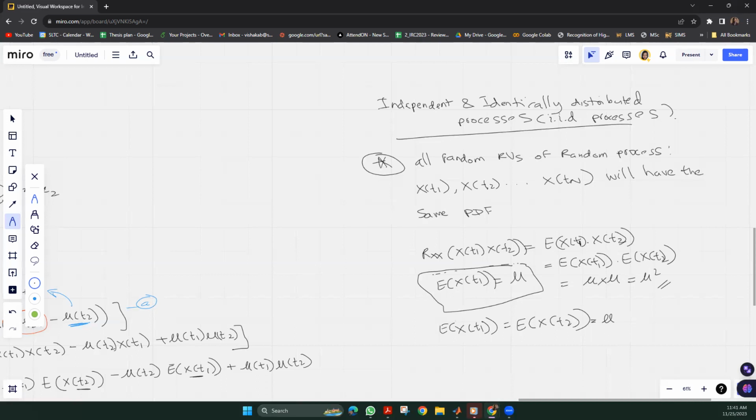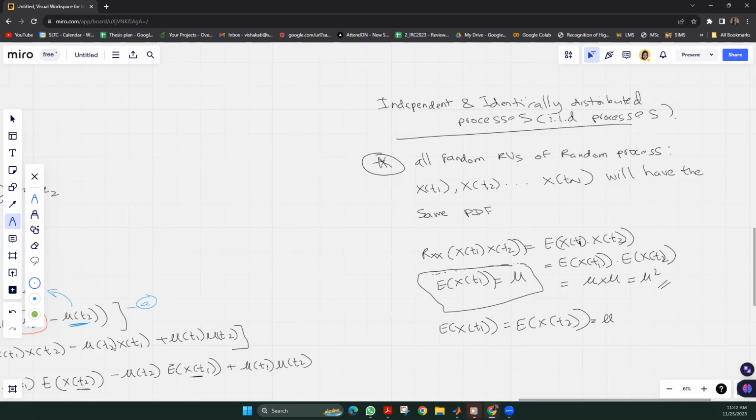The expectation for the other random variables is also going to be the same, because the probability density function is the same for all of them, like xt1, xt2, xt3 and so on.